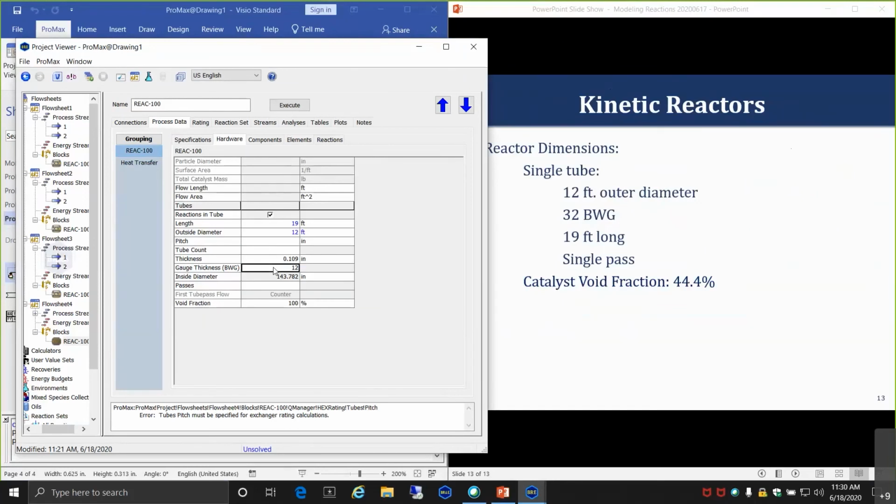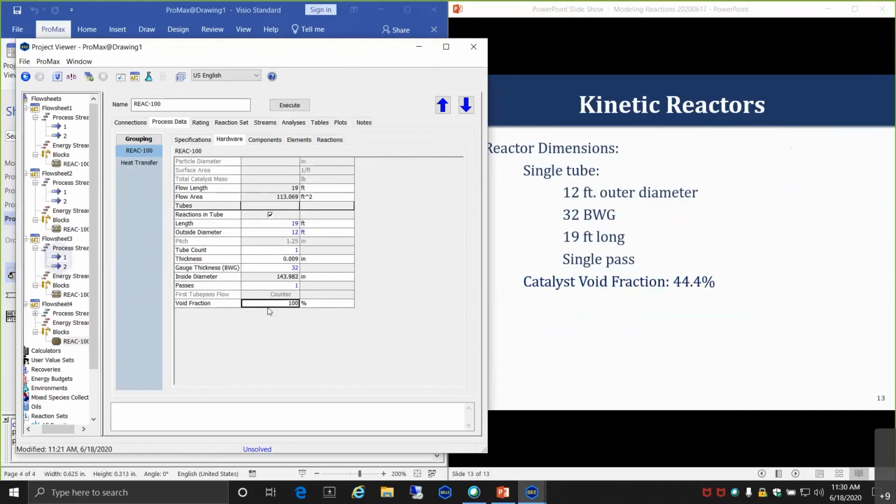It is 32 gauge. I have one tube, and it is a single pass tube. Okay. So this defines the size of the reactor. We have a 12-foot effectively tube that's 19 feet long. We have one of those. There's only one pass of our fluid through this.